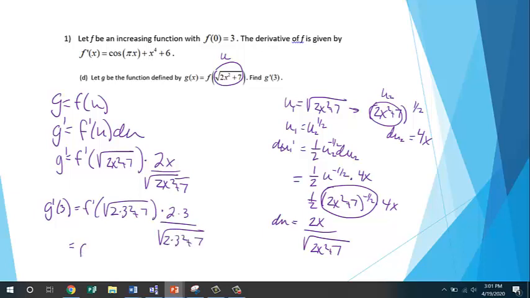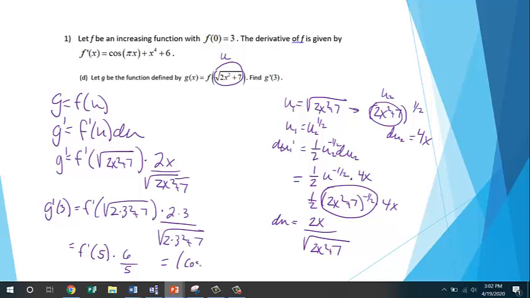And let's just see if I can figure this out a little bit here. 3 squared is 9, times 2 is 18, plus 7 is 25, the square root of 25 is 5. And then times 2 times 3 is 6. And then we already established that that was 5. All right, so now I need to find f prime of 5. When I find f prime of 5, I'm basically just going to go into f prime and plug in 5.